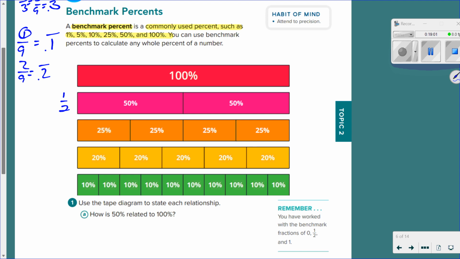If I want 25%, what fraction would that be? 1/4. If I wanted 20%, what fraction is that? 1/5. If I wanted 10%, what fraction is that? Make sense? Now that you see the visual model, can you understand how that works out?